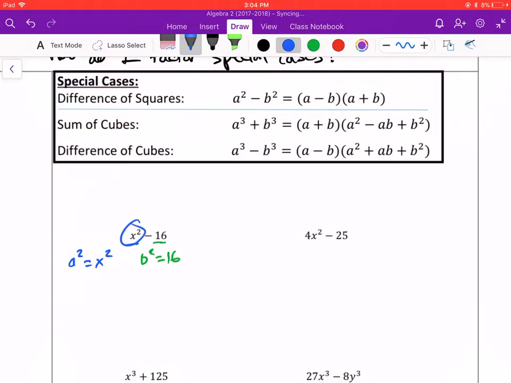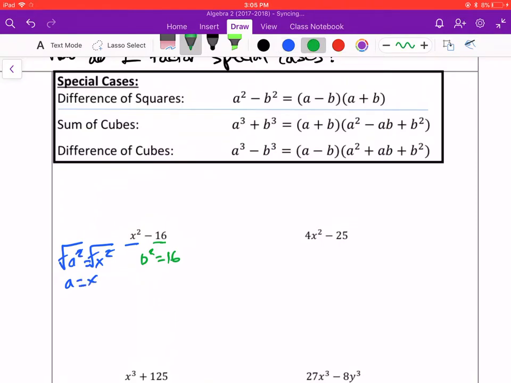If I square root this to find out what A is, the square root cancels the square, so A is just x.